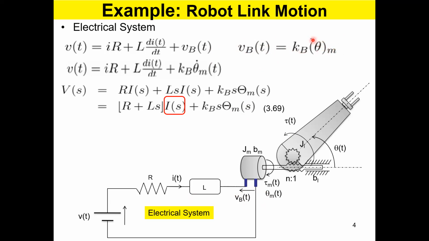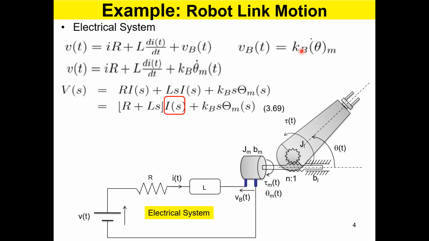Theta dot m, that is the speed of the motor, right? You calculate the speed of the motor and multiply by kb. Then you get how much back EMF is there.